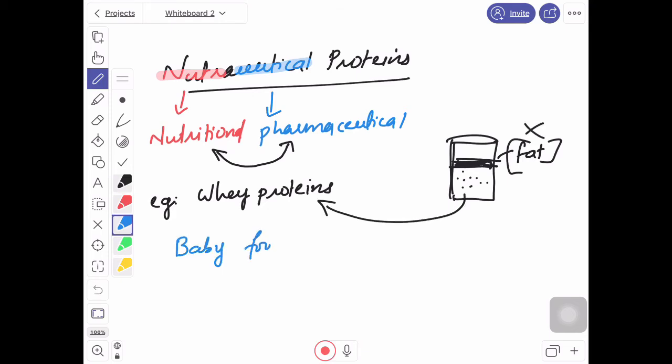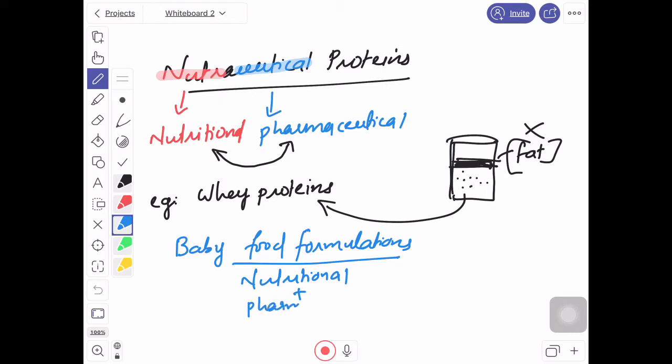Baby food formulations contain nutritional proteins because they are growing. They need high nutrition as well as they need some pharmaceutically important substances to give them some medicinal effect, and nutritional proteins help in their proper growth.